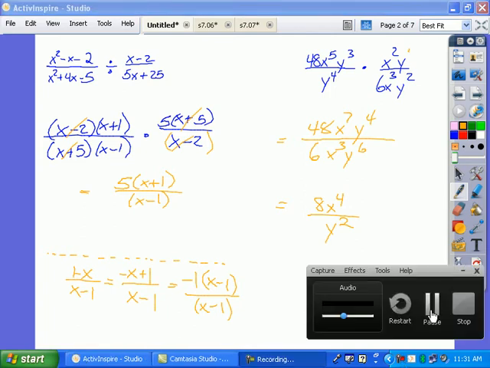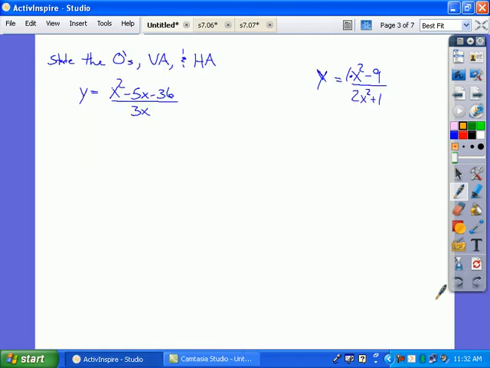On the next set of problems, we want to find the zeros, the vertical asymptotes, and the horizontal asymptotes. And this is exactly the way that I lay this out on the quiz. I just asked for these things.